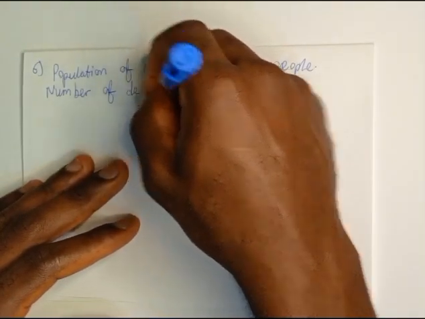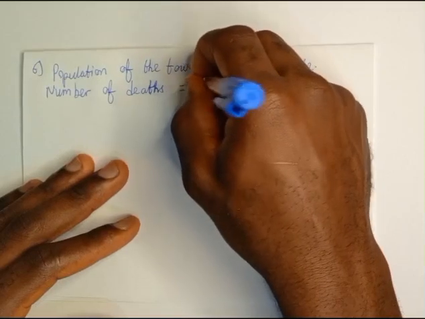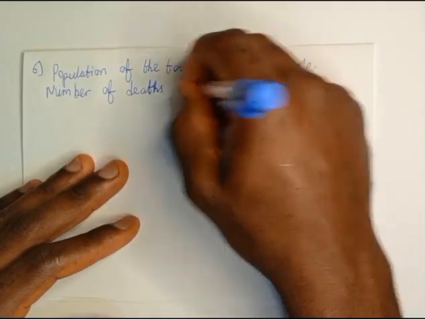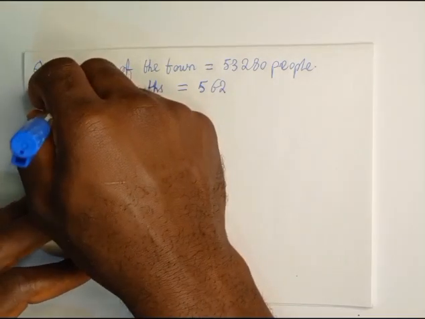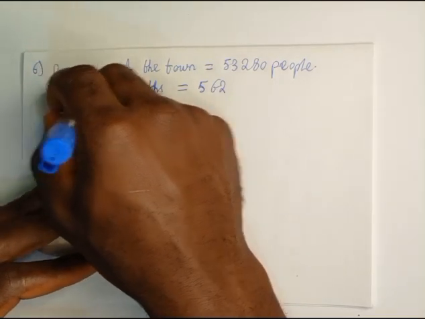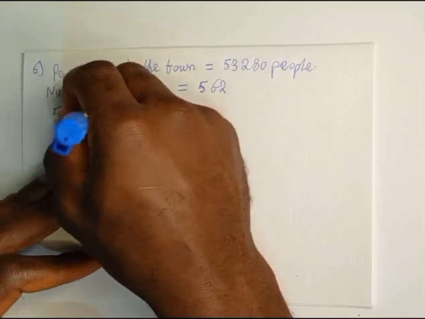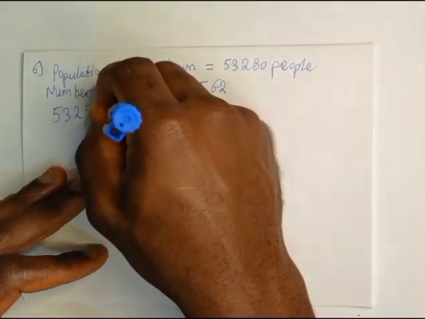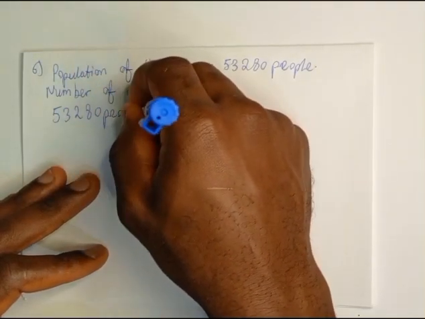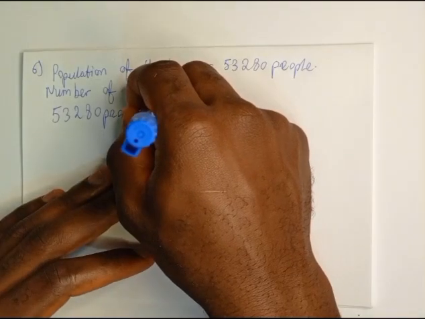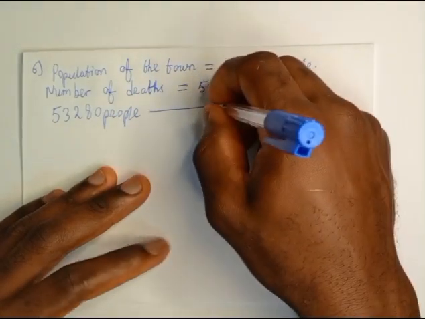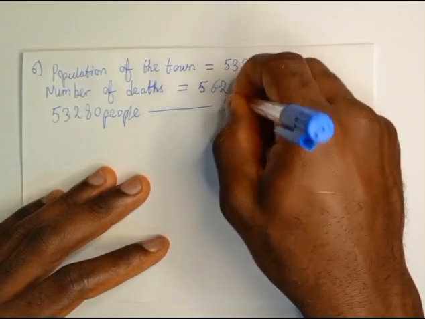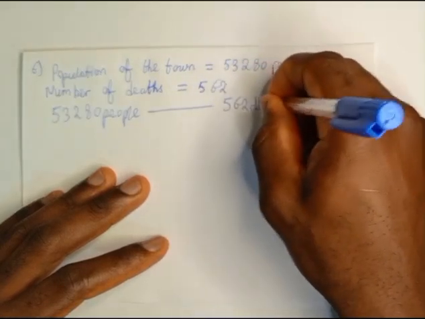Number of deaths is equal to 562. Writing this as a proportion, in a population of 53,280 people, there are 562 deaths.